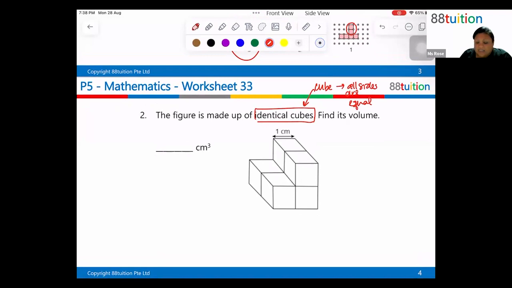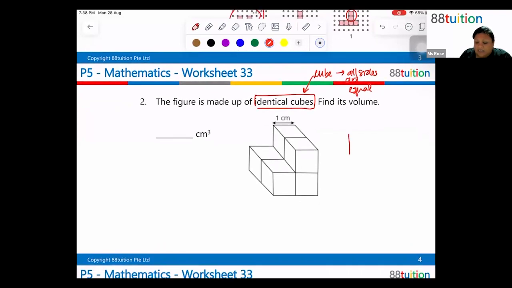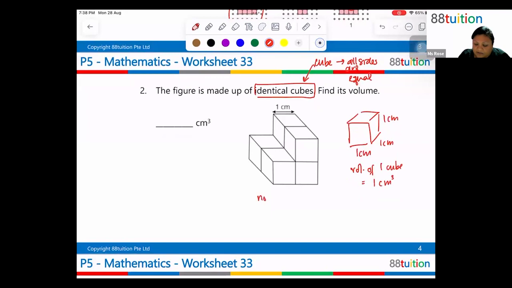Now, in this case, since each side is 1 cm by 1 cm by 1 cm, the volume of 1 cube is equal to 1 cm cube. So how many squares are there in this shape?